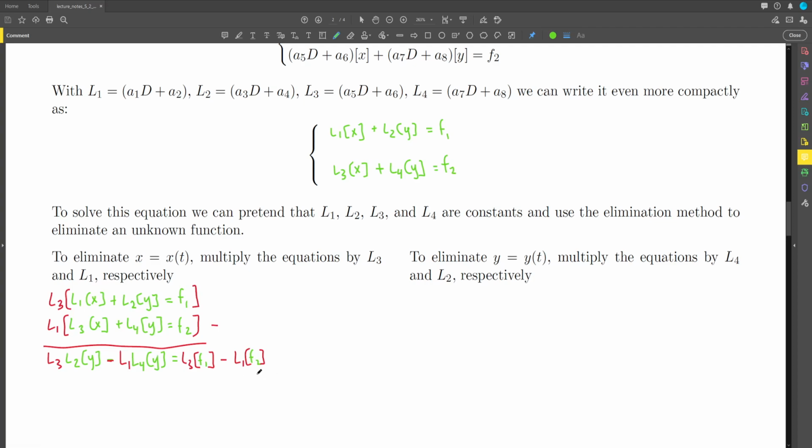And this is now a linear differential equation, and it only has one unknown function, namely y. So what you would do then is take this linear differential equation and solve that for y.